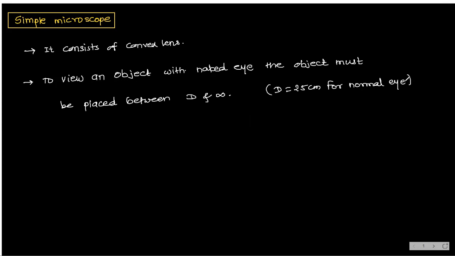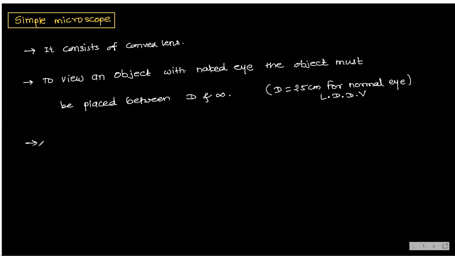For a person who has no sight problem, without wearing specs, just the natural eye, 25 centimeter is the least distance of distinct vision. That is called LDDV. LDDV means least distance of distinct vision. Right.